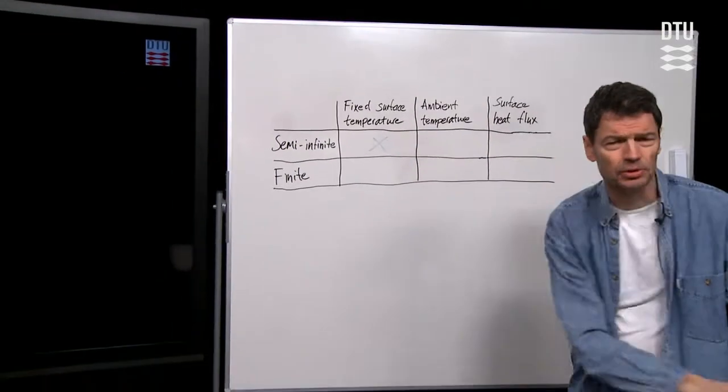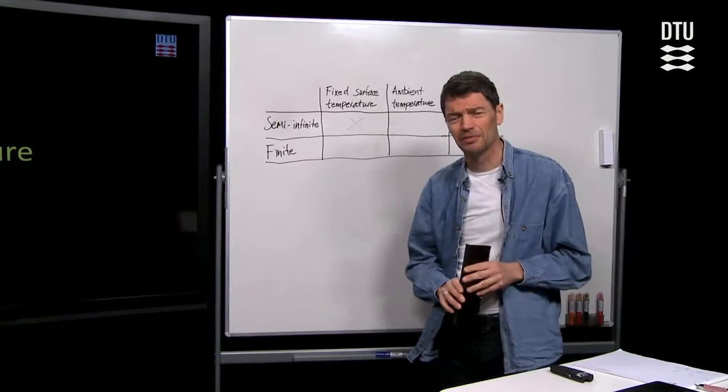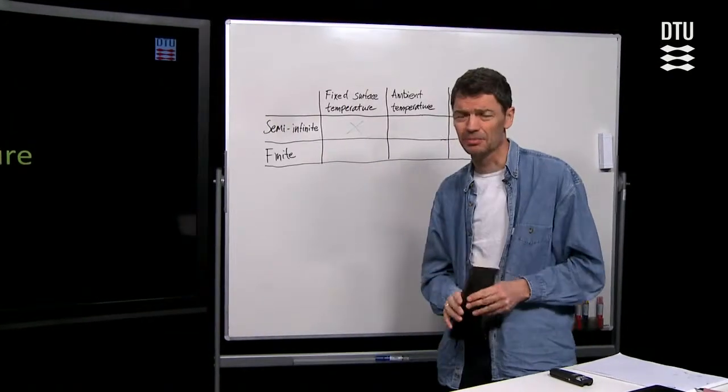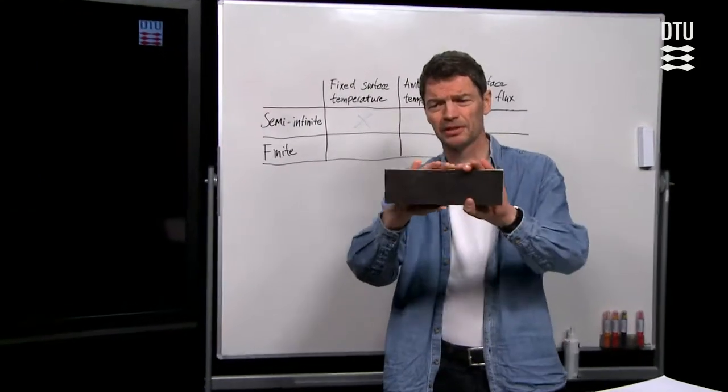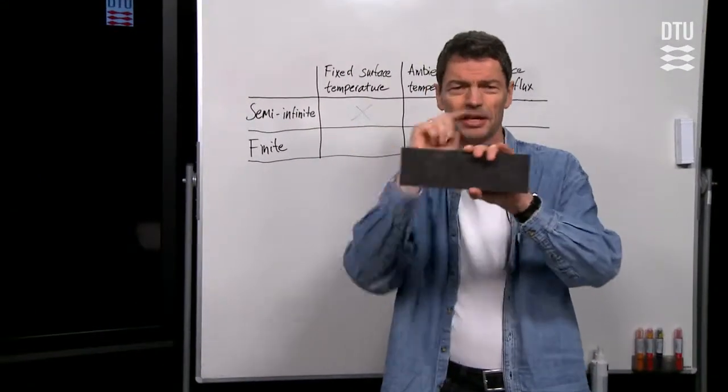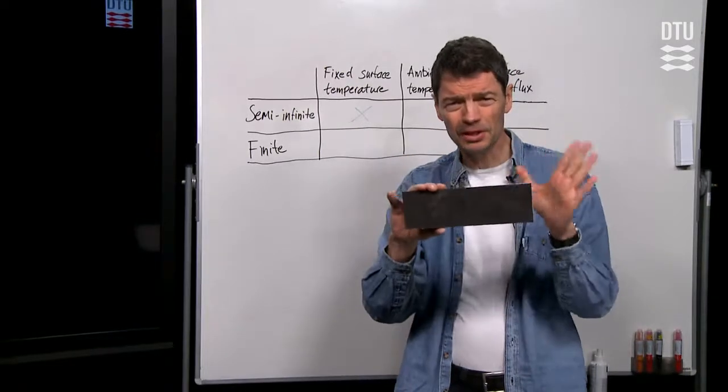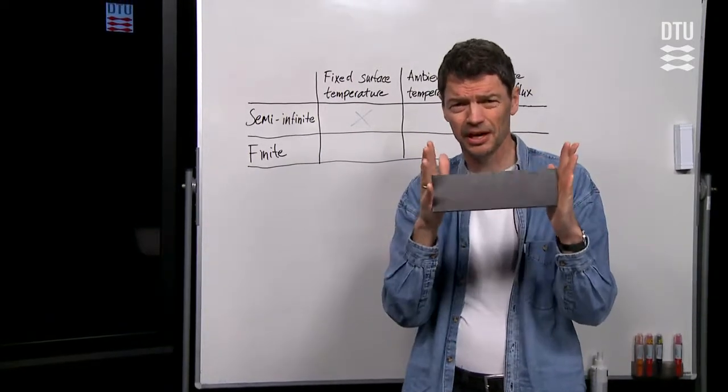Just to explain what I mean by semi-infinite bodies versus the finite body. If you consider this to be a wall with a certain thickness from the left to the right part of the wall, then it has a certain thickness, of course. That's finite.